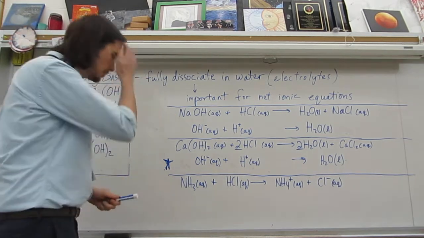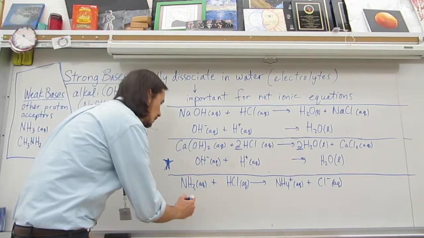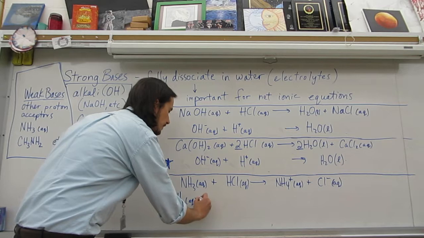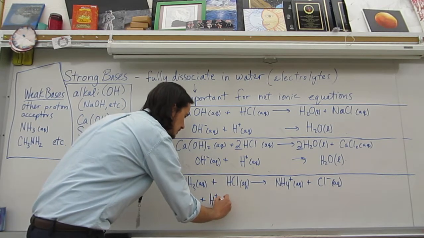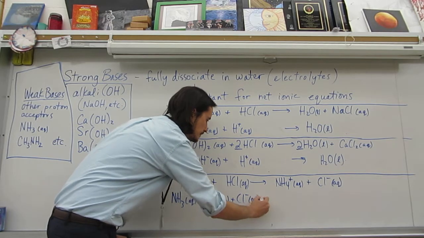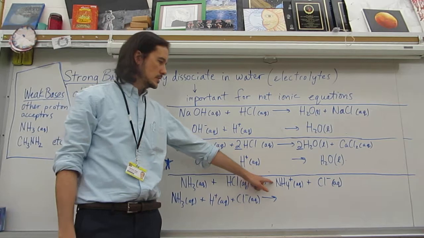Last one is a weak base, ammonia. You should remember NH3, you should know that formula. Ammonia, nothing breaks apart when we put ammonia in water. HCl does. The product side looks a little bit stranger than sometimes.